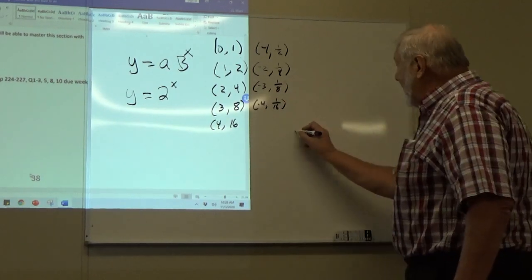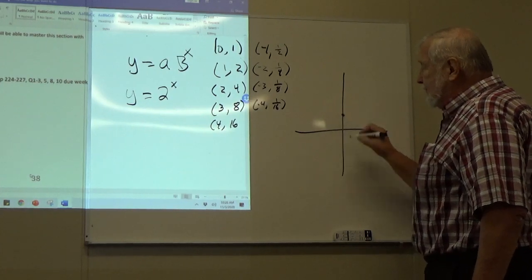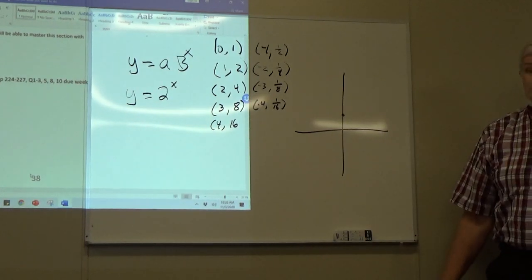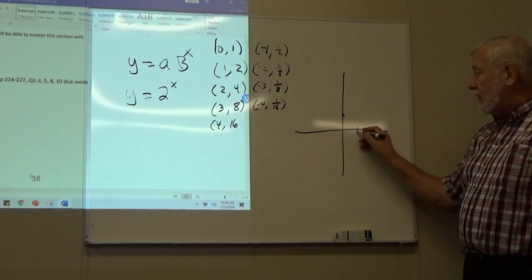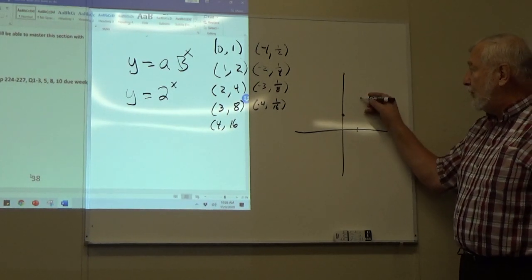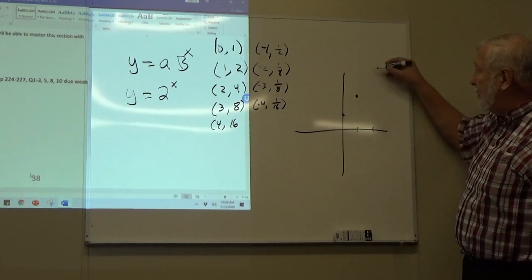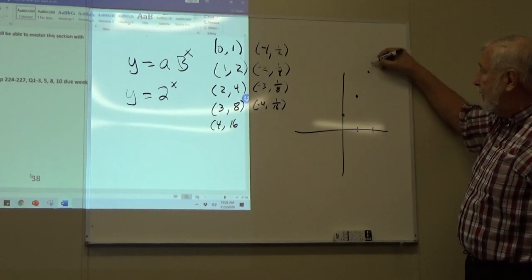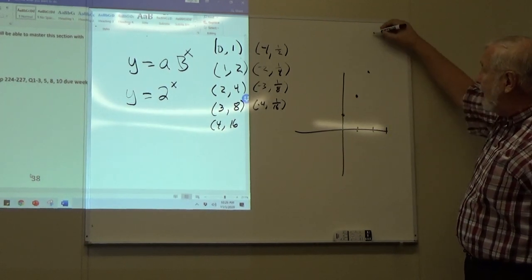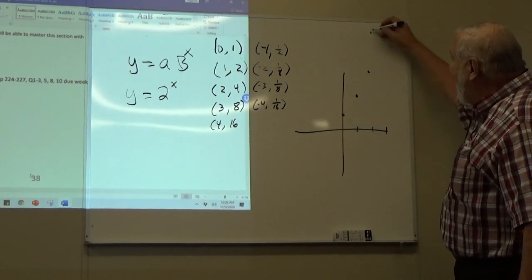What happens is I have this. When x is 0, it's 1. When I'm at 1, I'm at 2. When I'm at 2, I'm at, I'm sorry, 4. And when I'm at 3, I'm at 8. So it's going up like that.